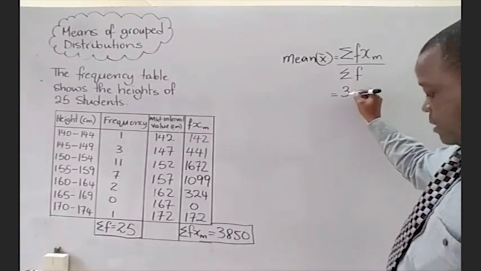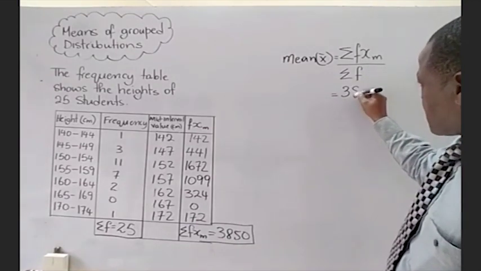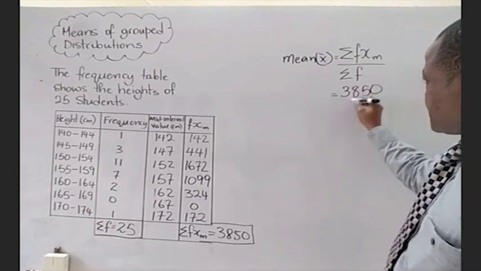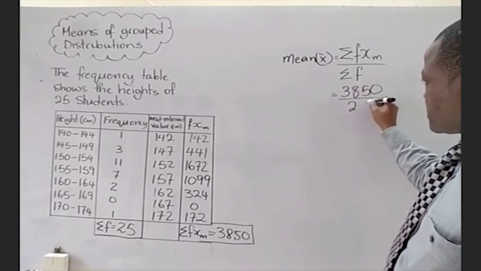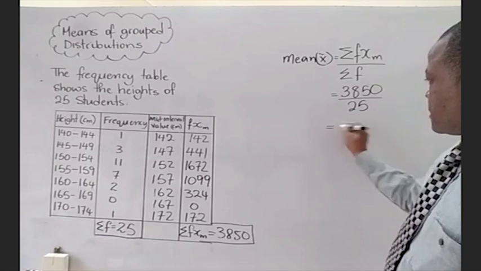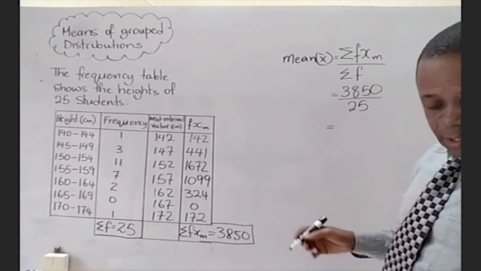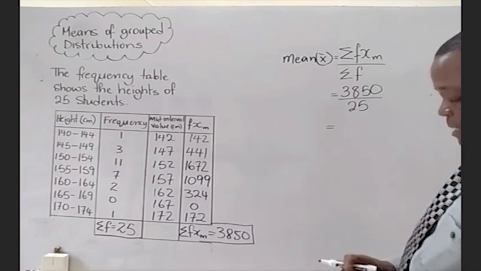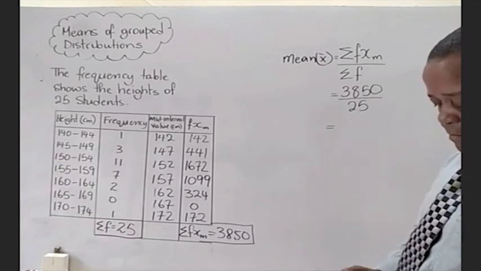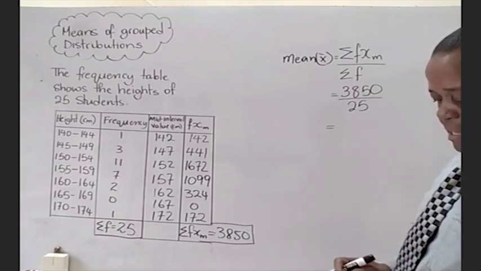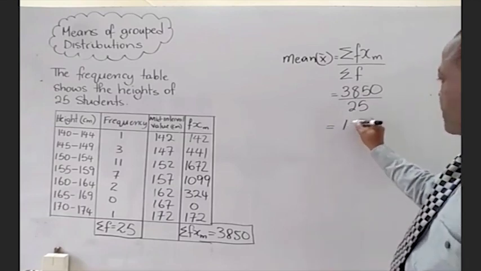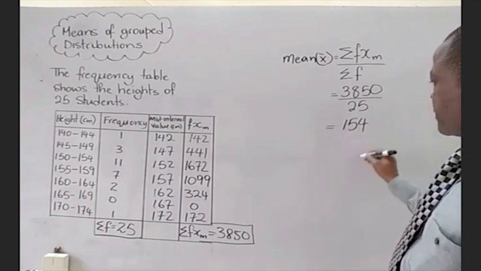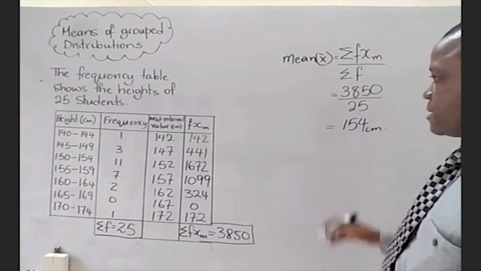So this would have been 3,850 divided by 25. Having done that, we can just punch that into the calculator. So let me just check that. 3850 divided by 25, and that would now give me 154 centimeters. All right.